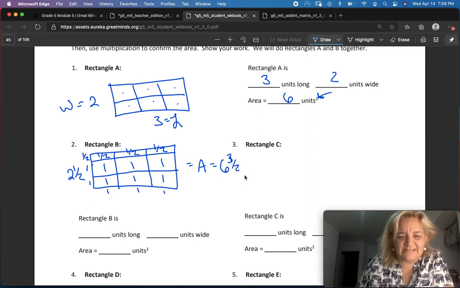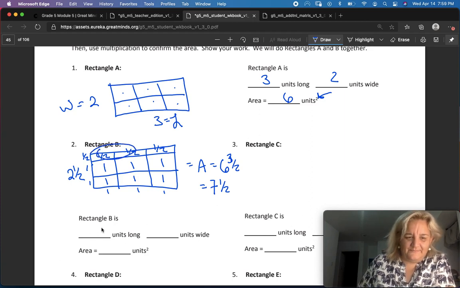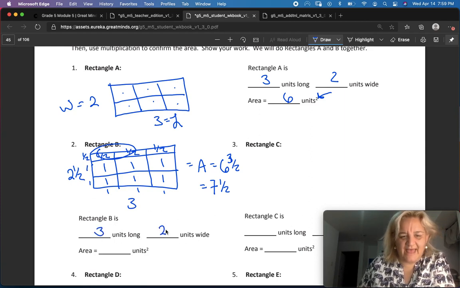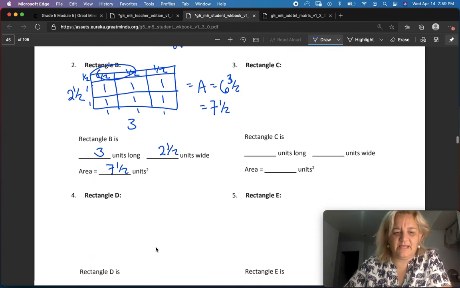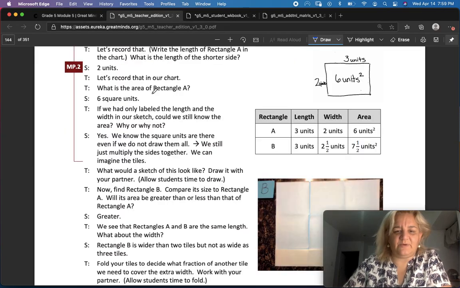But you know that 6 and 3 halves is the same as 7 and 1/2, because this one and this one together make a whole, right? So, how long is it? It is 3 units long. How wide is it? It's 2.5 units wide. And what is my area? Well, I just figured it out. 7.5 units squared. Okay, let's see if they gave us some more for C.